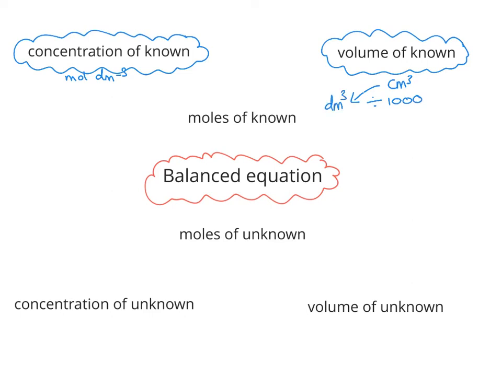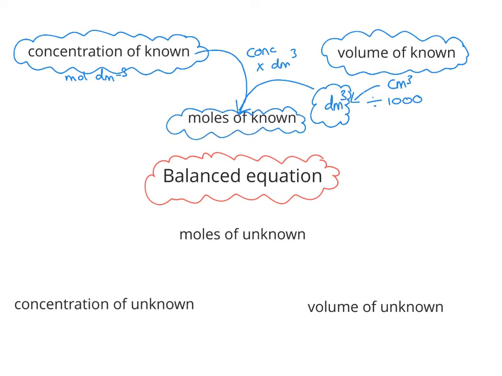That gets us our volume in decimetre cubed. Once we have that volume in decimetre cubed, we can do concentration times decimetre cubed, and that gets us the moles. So that's what we did in the first step of that last equation to work out the moles of the acid.